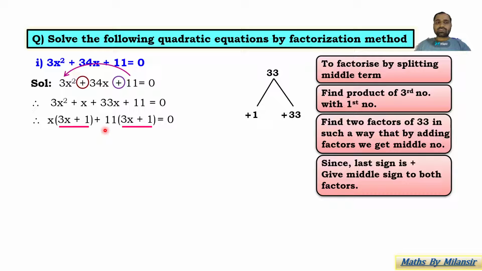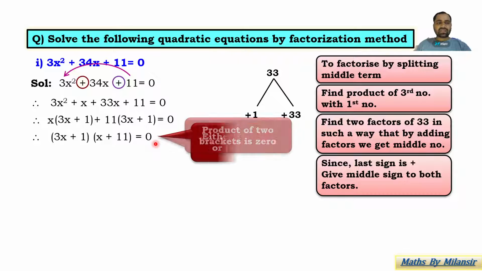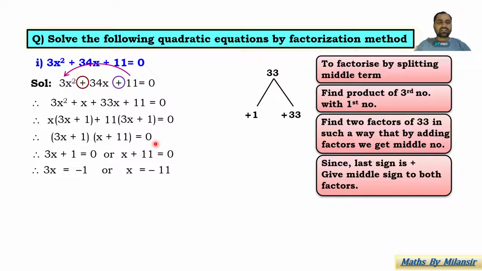Now taking 3x plus 1 common from both the terms, so it is 3x plus 1 and we are left with x plus 11, that is equal to 0. Now we know that the product of two brackets is 0 when and only when either first bracket is 0 or second bracket is 0. So very first bracket is 3x plus 1 equal to 0 and the second bracket is x plus 11 equal to 0.